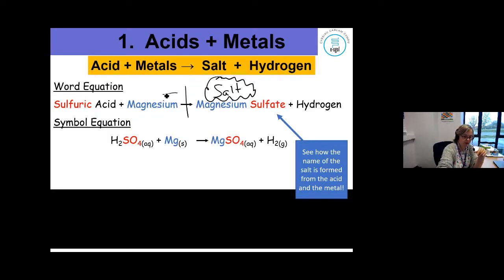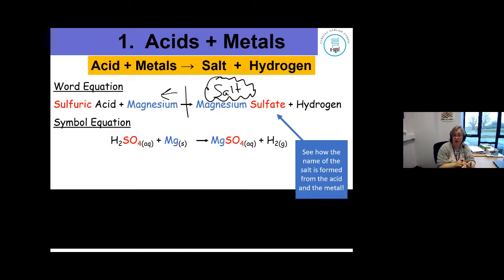If you think about what you see on that left-hand side, the two clues needed to name the salt are already there, because the name of the salt has two rules to it. It always starts with a metal or a metallic element. So the name of the salt is always going to be whatever metal appears on the left-hand side. And then the second part of the name is a rule you're going to have to learn, and it originates from the nature of the acid.